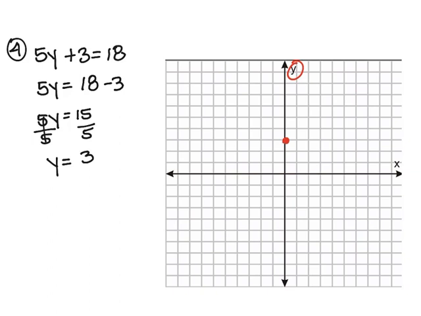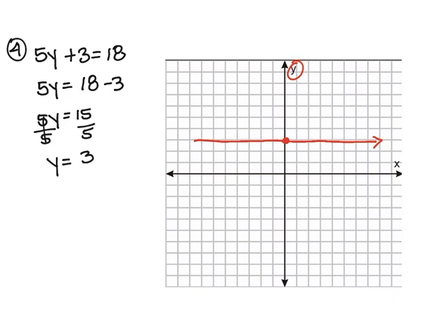Now at +3, if you notice, there's no x in the whole problem. So let that be an indicator that you will never cross the x-axis. This line will never cross x. It can't touch x. It does not have an x, okay? So the only way you can go through that point is to go horizontally.